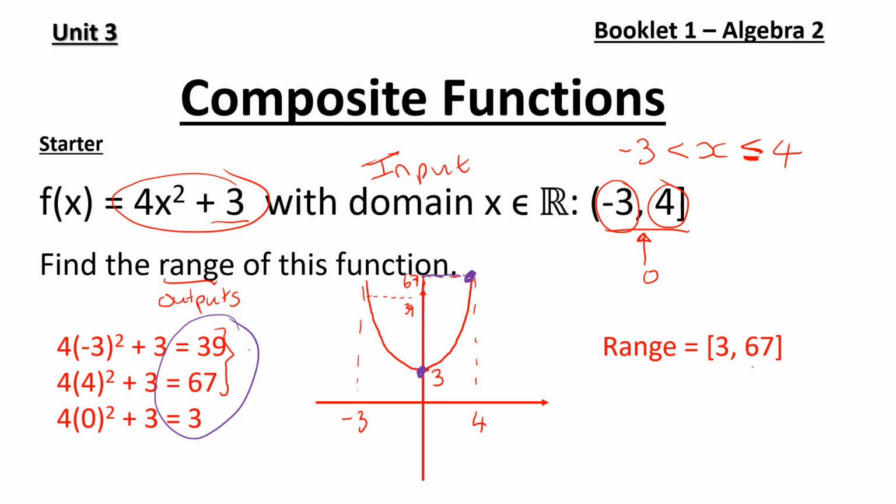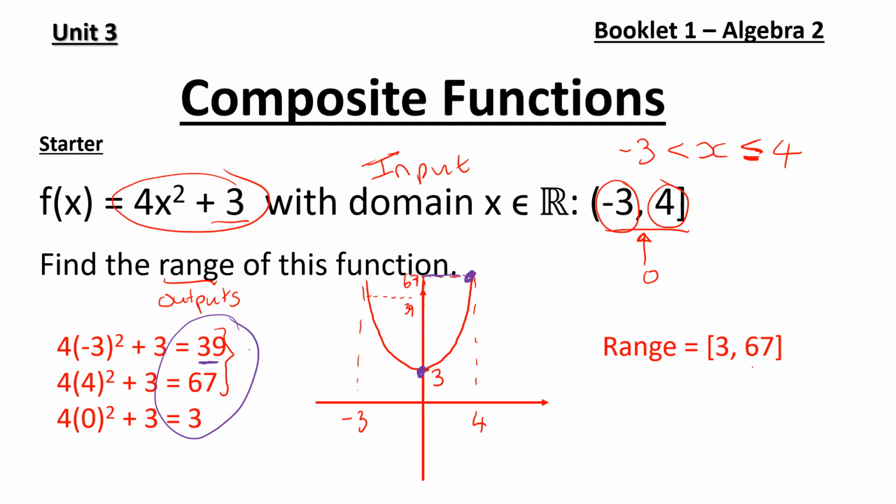So my calculations earlier were helpful, even though the 39 didn't come into it in the end. All of the calculations that I did earlier were helpful. The picture of the graph was definitely helpful, and that's helped me to work out that on the y-axis this graph goes from 3 to 67.